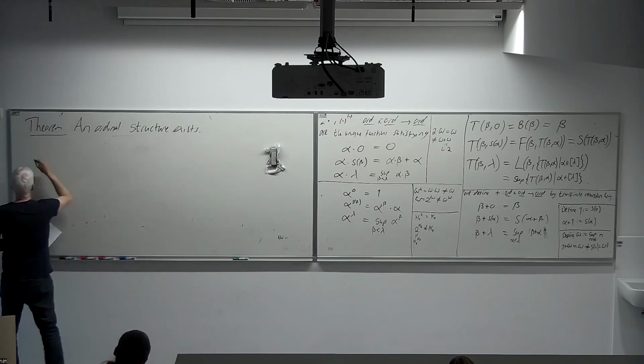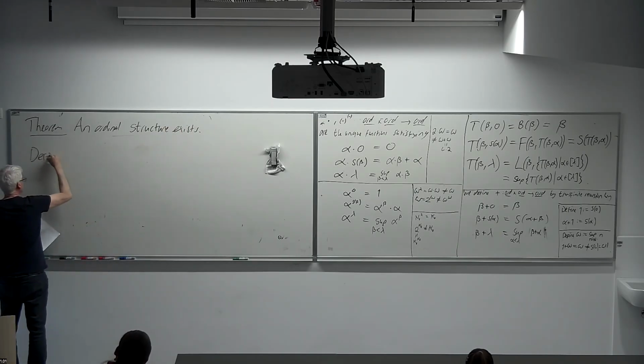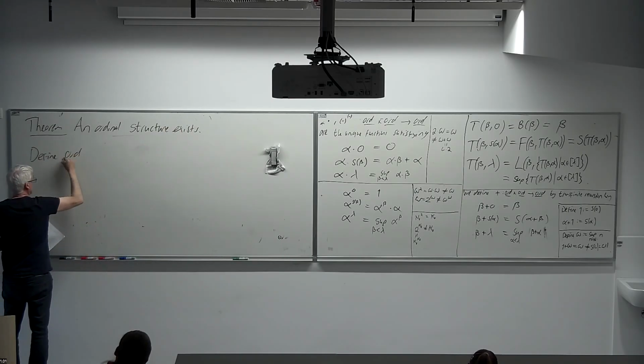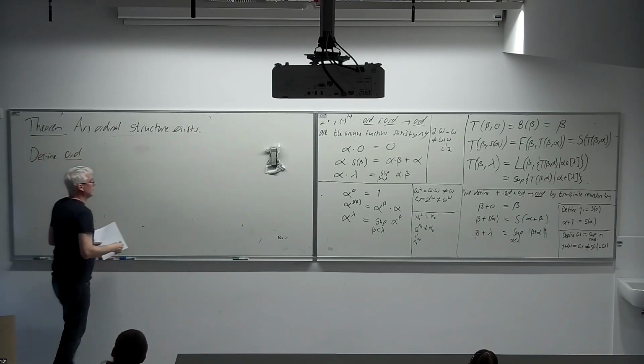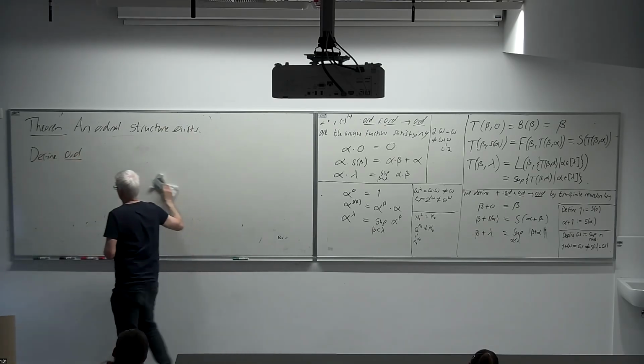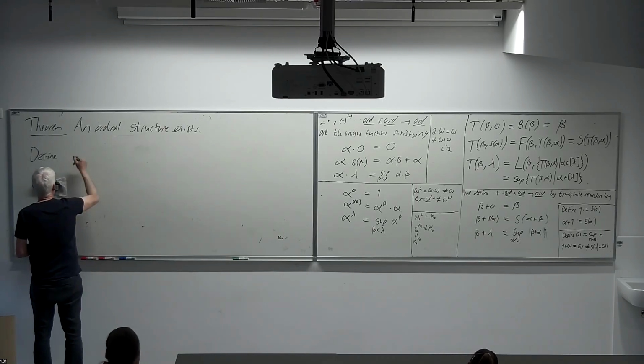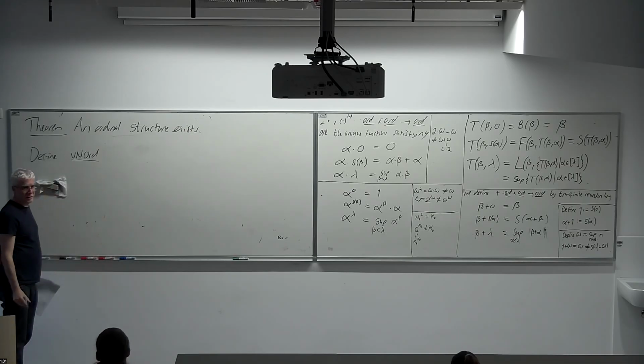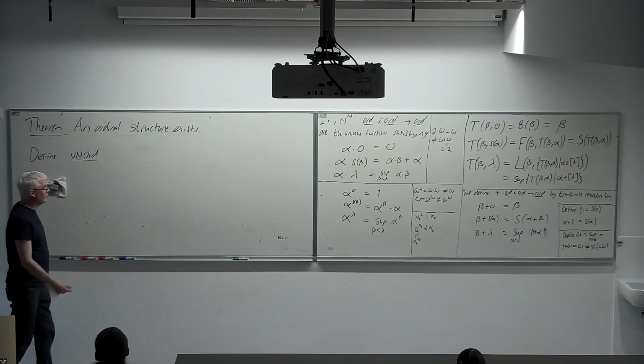And we define for this a specific ordinal structure, the class of von Neumann ordinals.